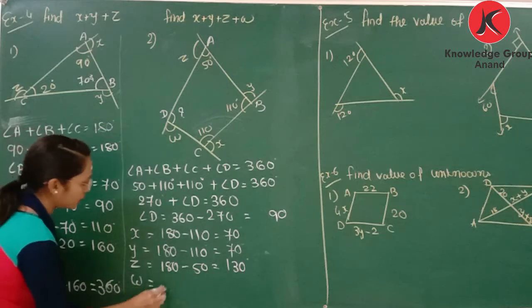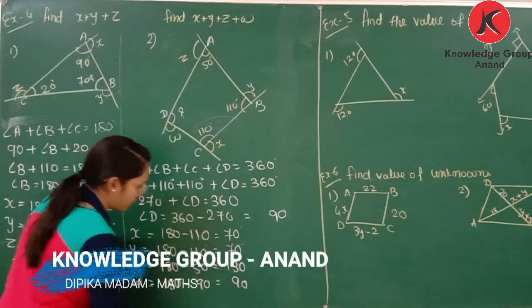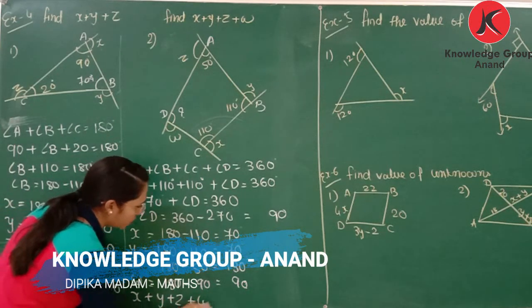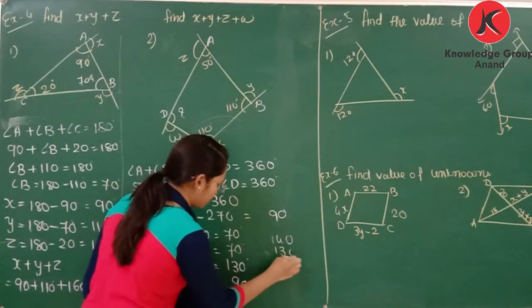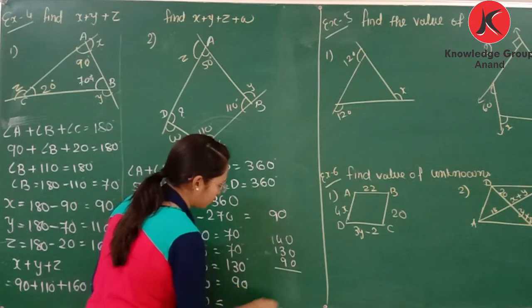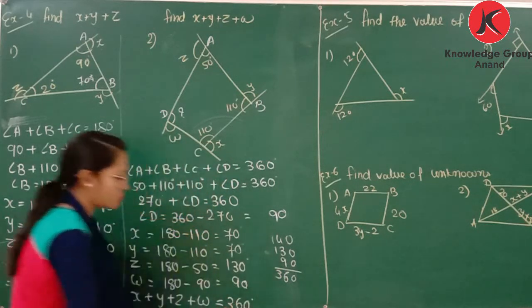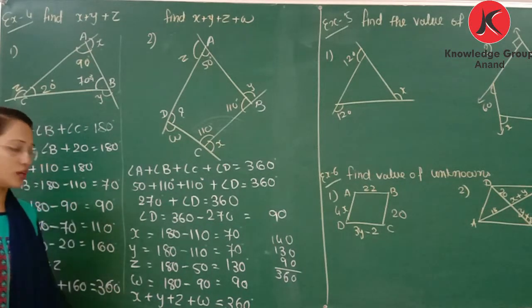W, that is 180 minus 90 is equal to 90. So X plus Y plus Z plus W, if you add this, you will get 360. So again we know that exterior angle sum for any polygon is 360.